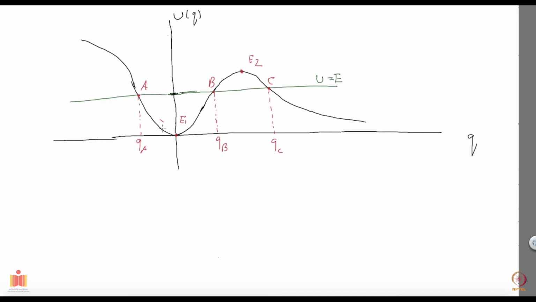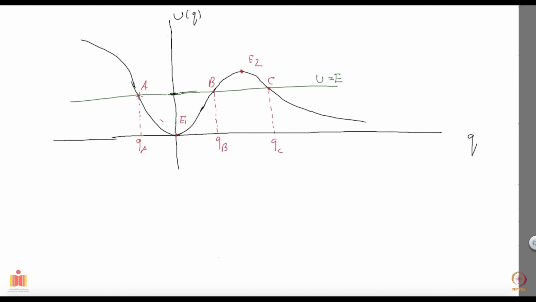Now it will have a kinetic energy here, because of which it will be able to climb up to the point A, and at this place it will run out of its kinetic energy, because your potential energy will be equal to the total energy, so your T has to be 0. But there is a force which is still acting in this direction, so the system starts moving backwards.